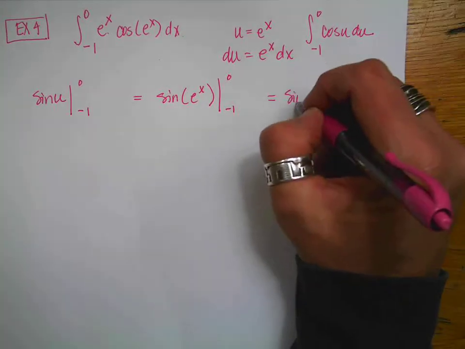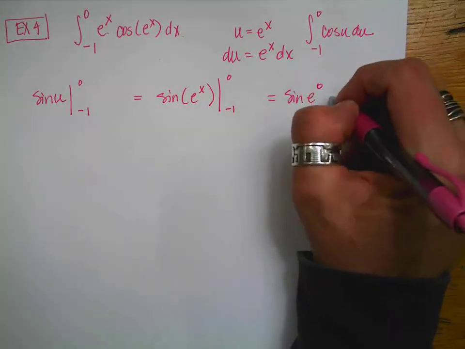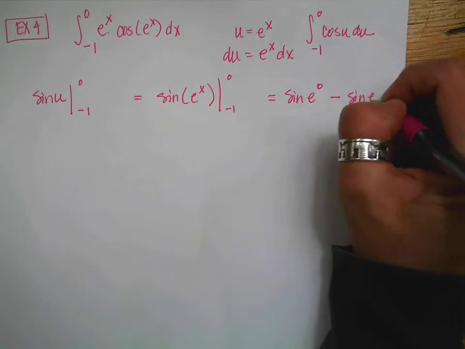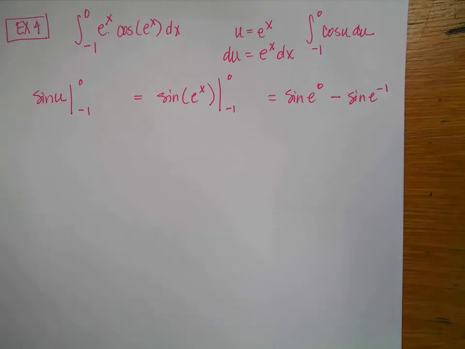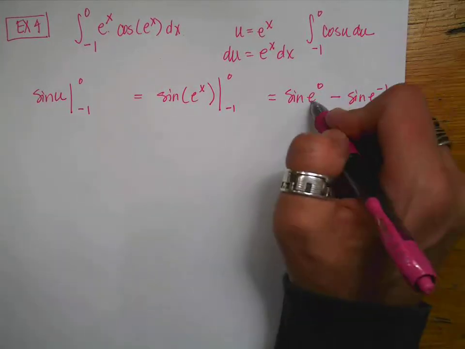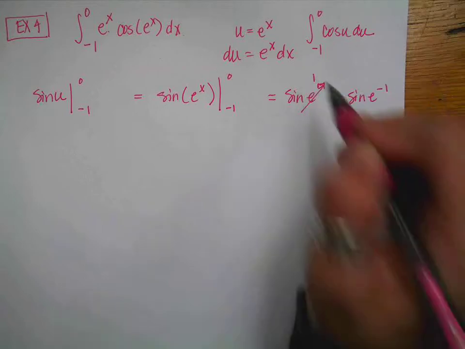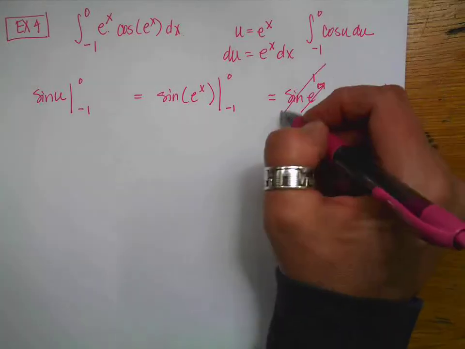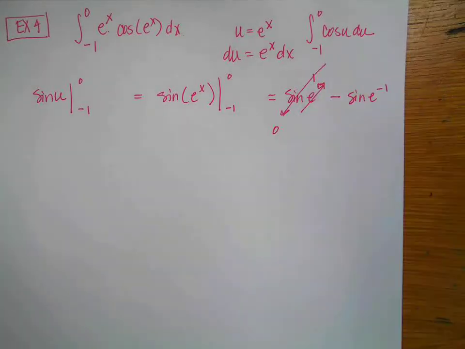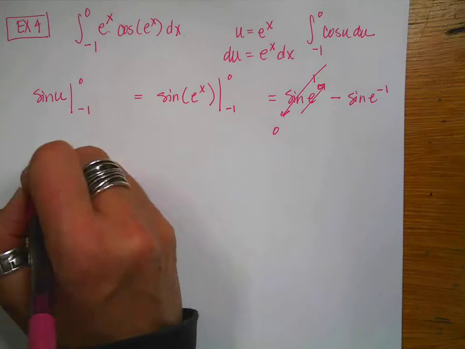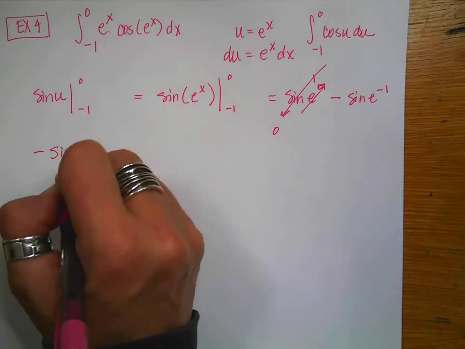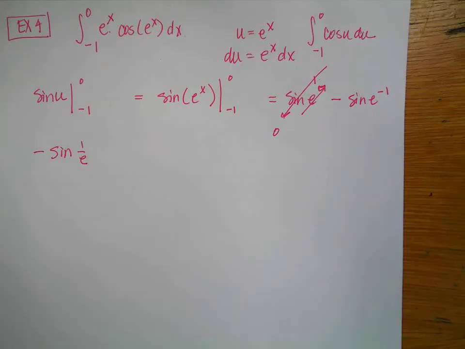So that's going to become the sine of e to the 0 minus the sine of e to the negative 1. Okay? E to the 0 is 1. And the sine of 1 is not special, so then my solution is the sine of 1 minus the sine of 1 over e.